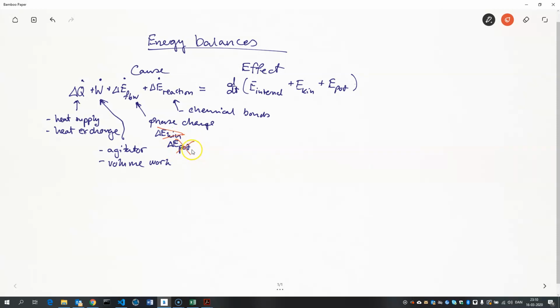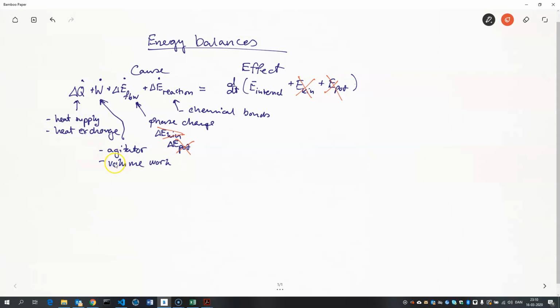It's typically small compared to the internal energy of the flow. So we typically disregard those contributions. And in fact, the kinetic energy and the potential energy of the system itself won't change much compared to the internal energy. So we will allow ourselves to disregard those terms.